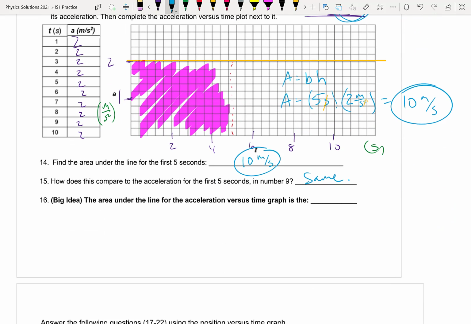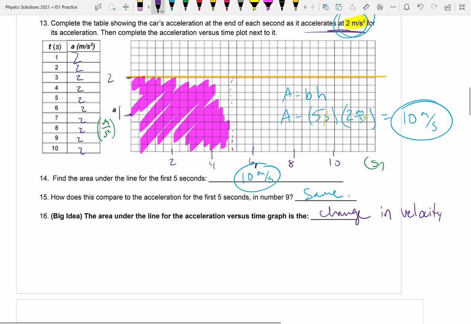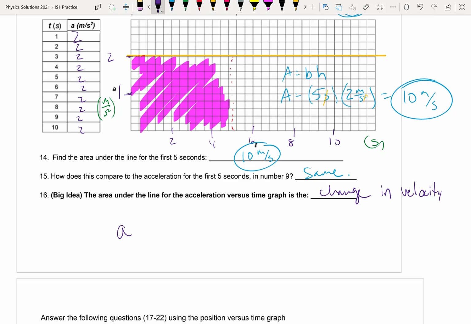The area under the line for the acceleration versus time graph, it turns out, is the change in velocity. So you can think about this in this way. The acceleration is defined as the change in velocity divided by the change in time.